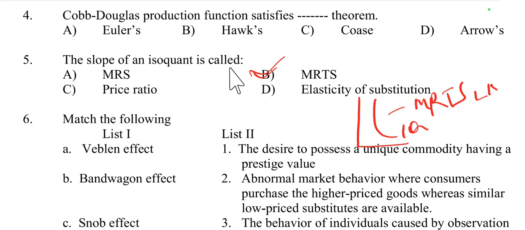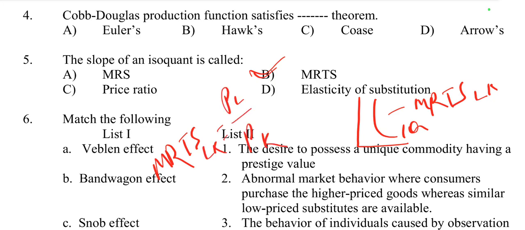It represents the rate at which one input, like labor, can be substituted for another input, that is capital, while keeping the level of output constant along an isoquant. So it reflects the trade-off between inputs in production. MRTS LK is equal to PL by PK, price of labor by price of capital.